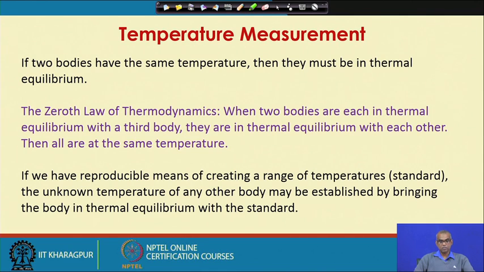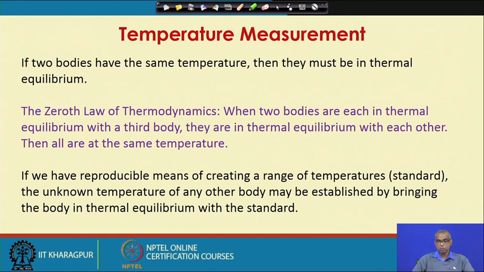If two bodies have the same temperature, then they must be in thermal equilibrium. The 0th law of thermodynamics says when two bodies are each in thermal equilibrium with a third body, they are in thermal equilibrium with each other, then all are at the same temperature.